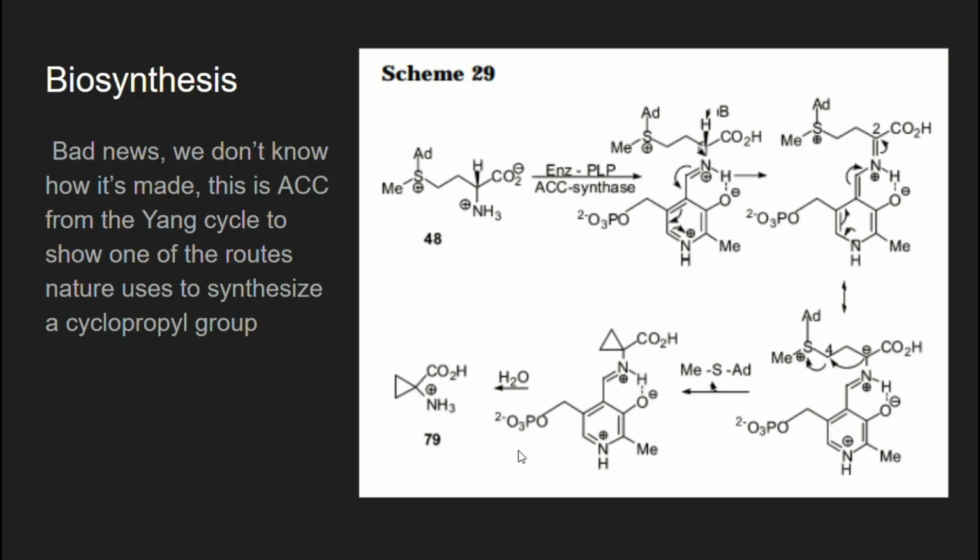Then water is going to come in and it's going to attack this part of this carbon. It's going to kick off the amino group, which is going to cause it to kick off the nitrogen. And then you get 1-amino cyclopropane carboxylic acid leaving the enzyme.